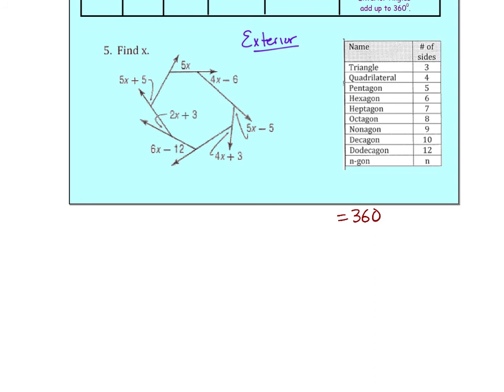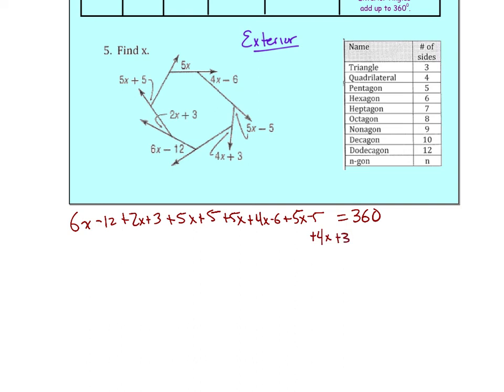Okay, so now I just kind of put them all in there. 2x plus 3 plus 5x plus 5 plus 5x plus 4x minus 6 plus 5x minus 5 plus 4x plus 3. Didn't give myself quite enough room there.